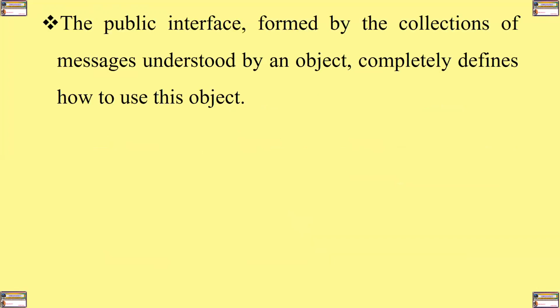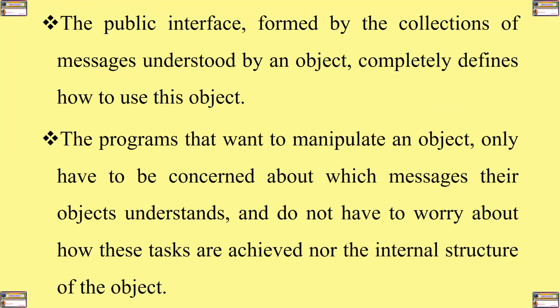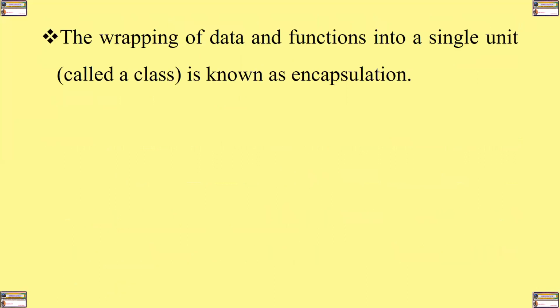The public interface, formed by the collections of messages understood by an object, completely defines how to use this object. The programs that want to manipulate an object only have to be concerned about which messages their objects understand and do not have to worry about how those tasks are achieved, nor the internal structure of the object.